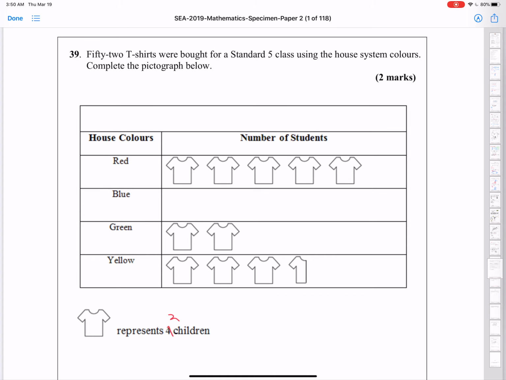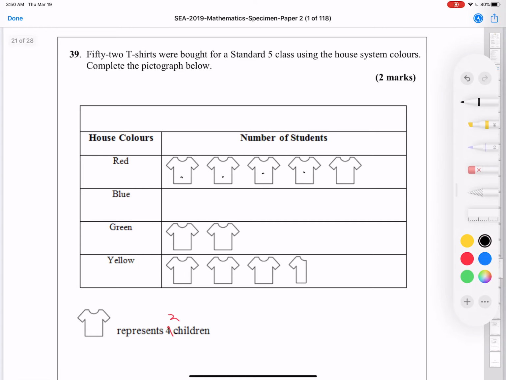So 52 t-shirts were bought for the standard 5 class during the house system colors. Need to get my glasses. Complete the pictograph below. Alright. So they have to add up to 52. So 2, 4, 6, 8, 10, 12, 14, 16, 18, 20, 21.